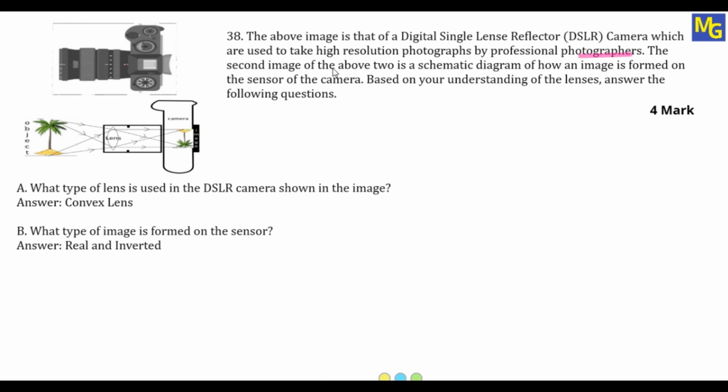The second of the above two images is a schematic diagram of how an image is formed on the sensor of the camera. Based on your understanding of lenses, answer the following questions.